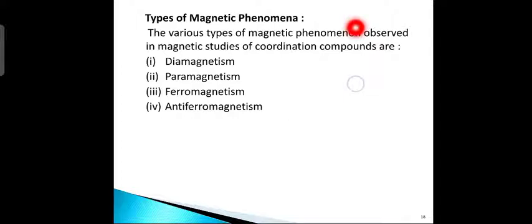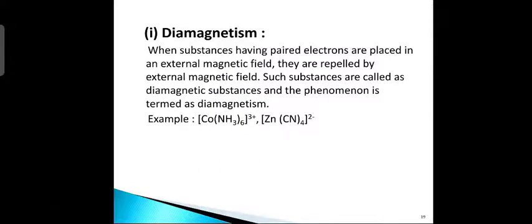Now what are the different types of magnetic phenomena? There are 4 different types of magnetic phenomena exhibited by coordination compounds: diamagnetism, paramagnetism, ferromagnetism and anti-ferromagnetism. First let us see diamagnetism.